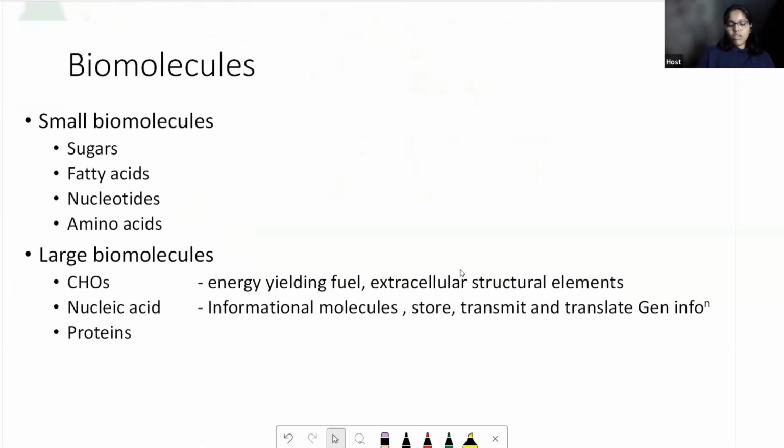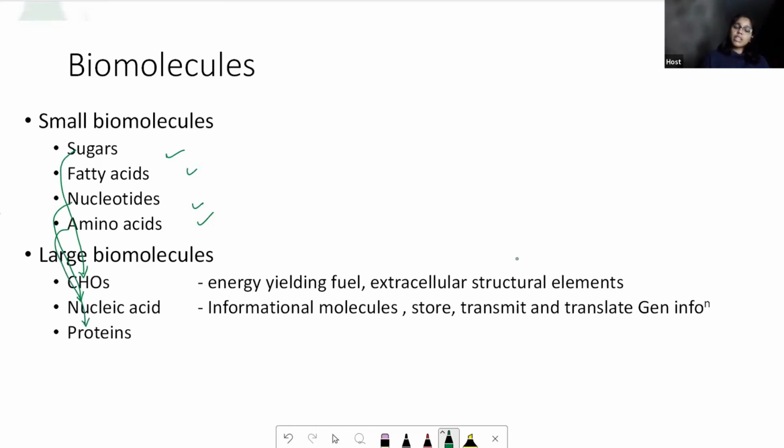Biomolecules are carbon-based organic compounds produced by living organisms. They can be small biomolecules, like monomers such as sugars, fatty acids, nucleotides, and amino acids, or they can be large biomolecules. Sugars polymerize and form carbohydrates, nucleotides polymerize to form nucleic acids, and amino acids polymerize to form proteins.